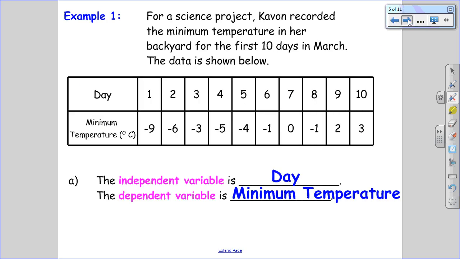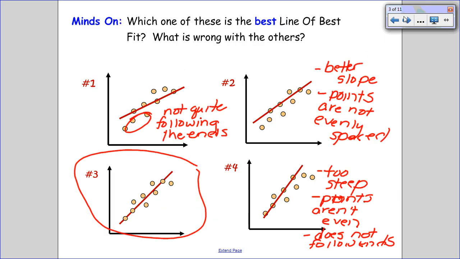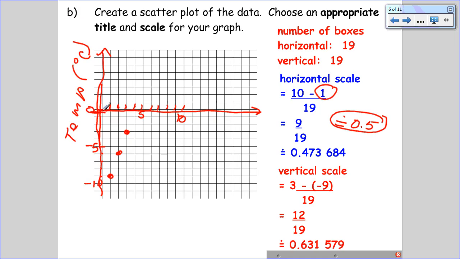Next point, 3 and -3, right 3, down 3. Oops, sorry, went too many screens back. 4 and -5, so right 1, 2, 3, 4, and down 5.